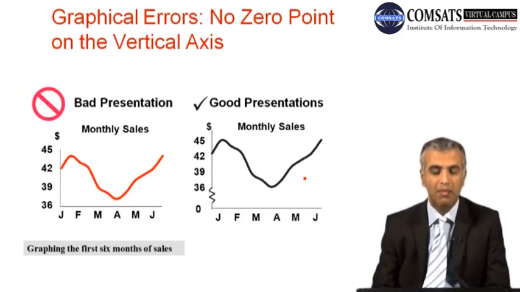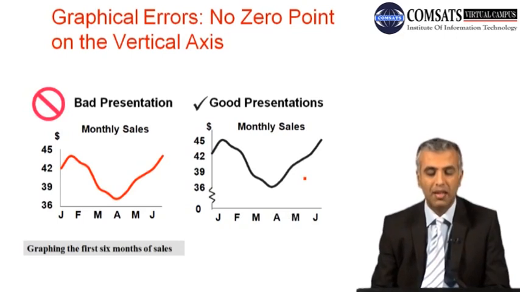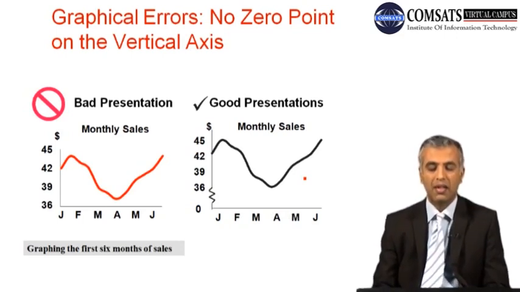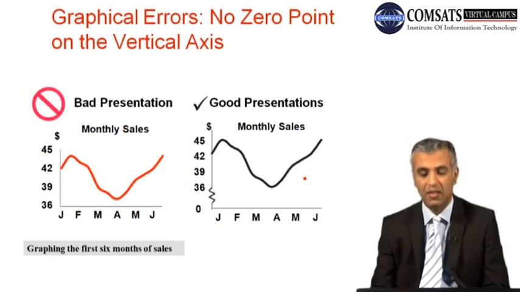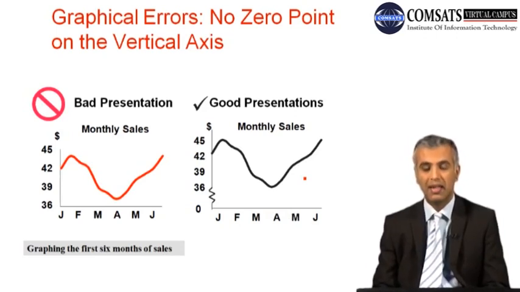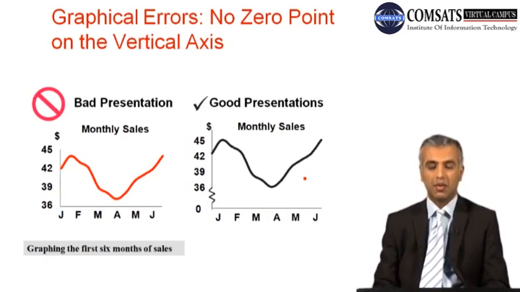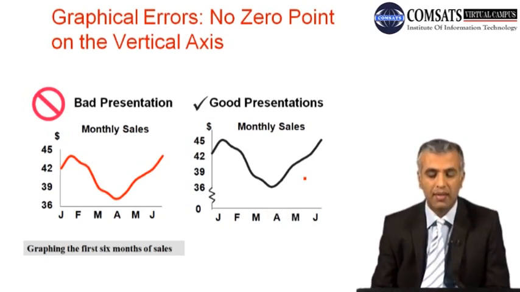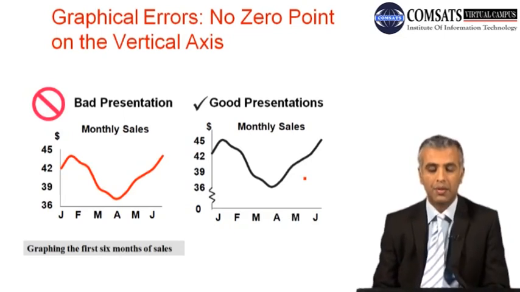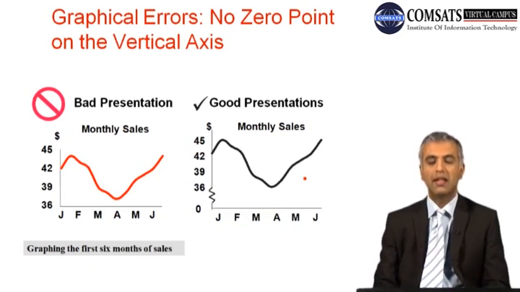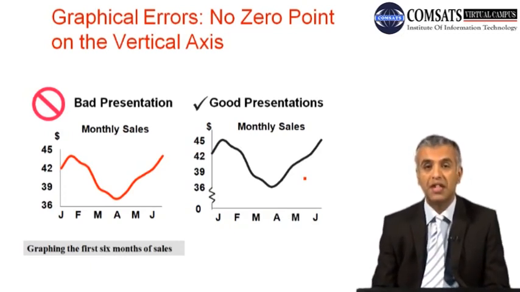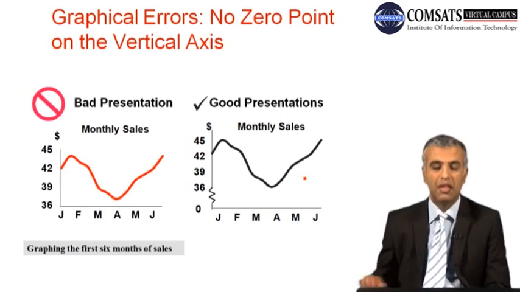Now this is one blunder which shouldn't normally be committed, and in this case the better option is that we should start the y-axis from 0, and then jump to the intermediate values presented here, from 36 to 39 to 42 on the y-axis. So it gives us a better presentation here, as you can see.